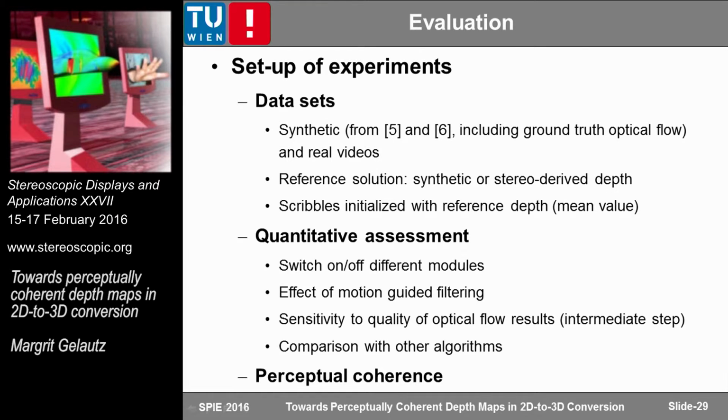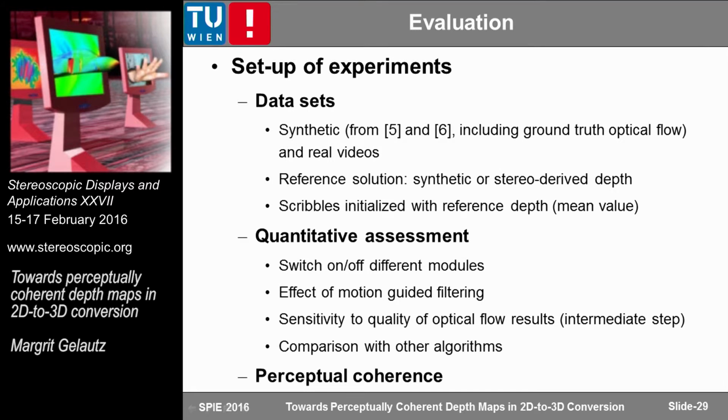So for the synthetic data, we had synthetic depth data, of course, and then we also had some self-recorded scenes for which we could compute stereo-derived depth, and in those cases we used the stereo-derived depth as reference.